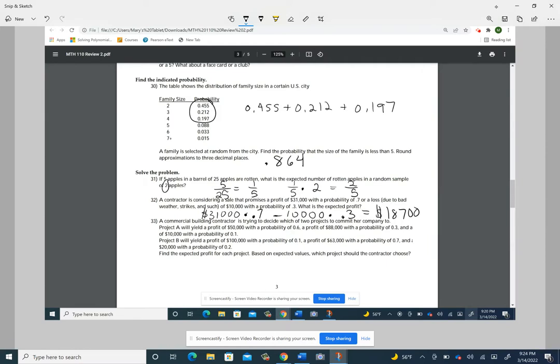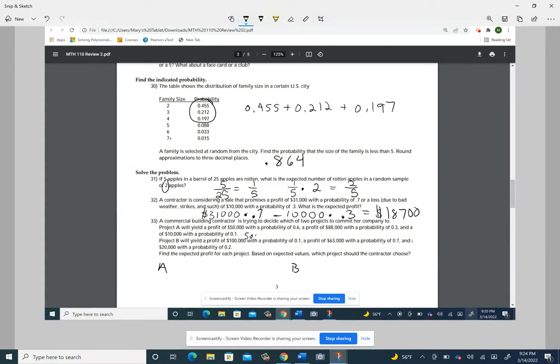All right, then 33 is a lot like 32. So with 33, contractor's trying to pick between these 2 projects, and it's trying to use expected value to do that. So you do what we did on 32, but you do it for project A, then you do that for project B. I think I might be able to squeeze it in up here.